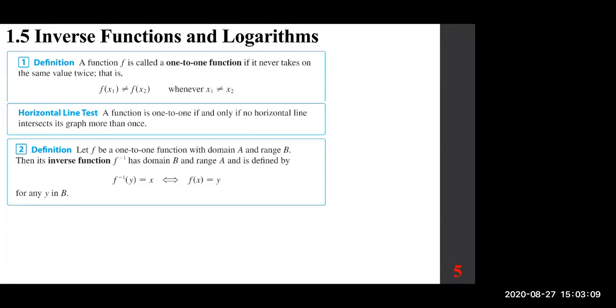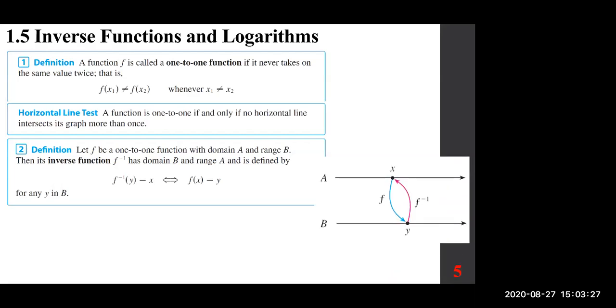Now, by definition, when we write the inverse function, their domain and their range interchange, okay? So when we say f inverse of y equals x, it's the same as saying f of x equals y. Their composite function is equal to x, okay?